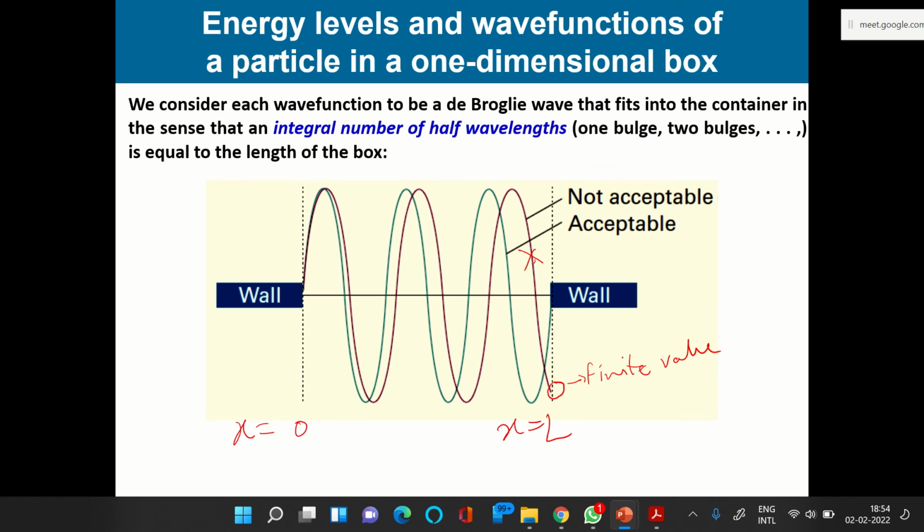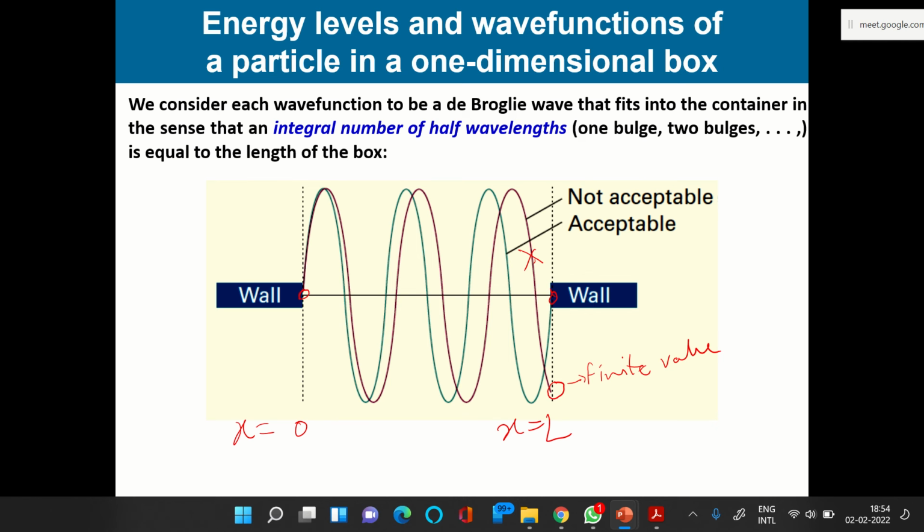But look at the green one, it is 0 here, it is also 0 here, becoming 0 at the wall. At the two ends, when x is 0 and when x is equal to capital L, in both cases it satisfies the conditions.